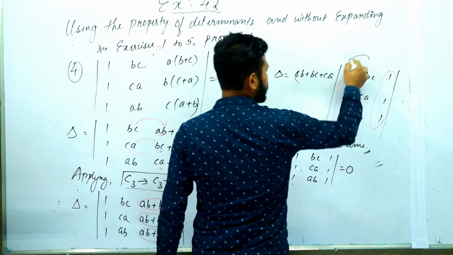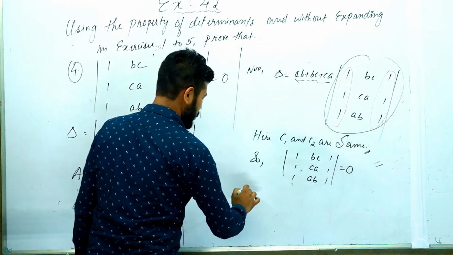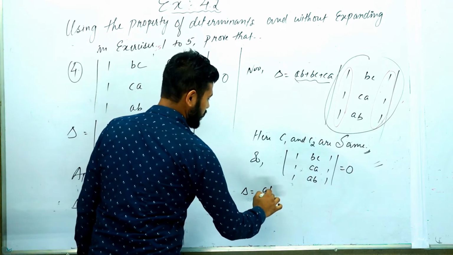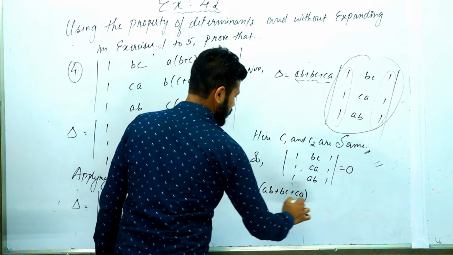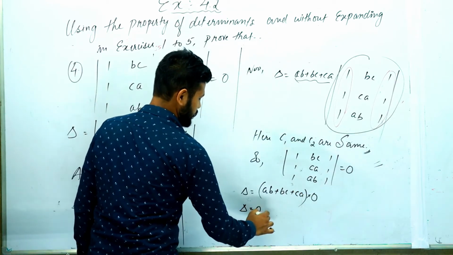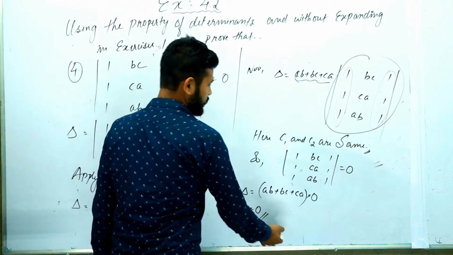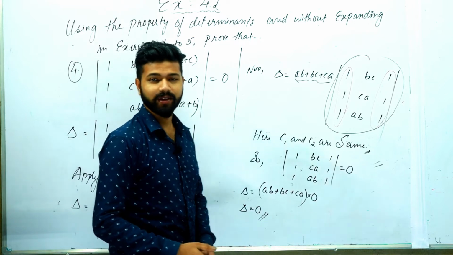When this is 0, 0 into anything is 0 only. Therefore delta is equal to AB plus BC plus CA into 0, which is 0. So therefore delta is also 0. Now let us move to the next one, the fifth one.